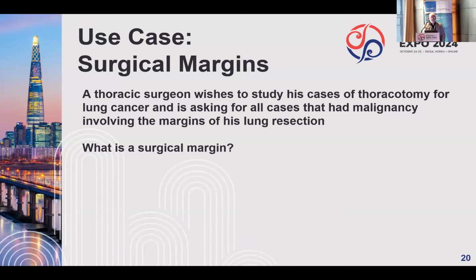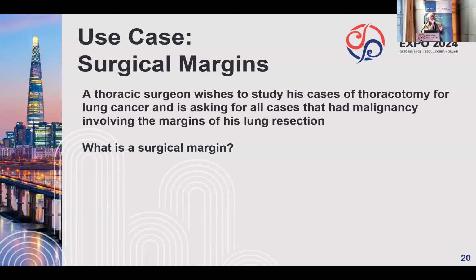Let's talk briefly about surgical margins. A thoracic surgeon wants to study his cases from lung resection, and is asking for all cases that had malignancy involving the margins. Now, what is a margin? When a surgeon cuts a tumor out of a patient, their cut surface on the tumor basically defines an anatomic location, which is called the margin.